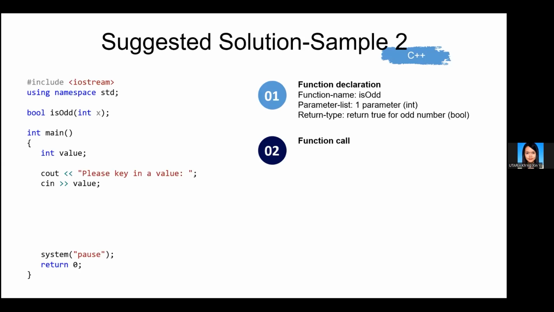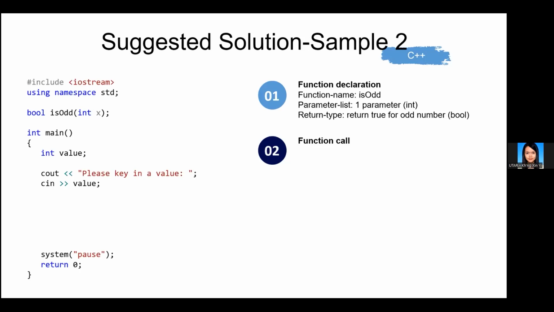Then after that, what is the function name? I just use isOdd here, okay? And then the parameter list. How many parameters are we going to pass down to the function? I just want to pass down the one particular input entered by the user. So I will just put one parameter here, and I use the integer. Why do I put integer here?